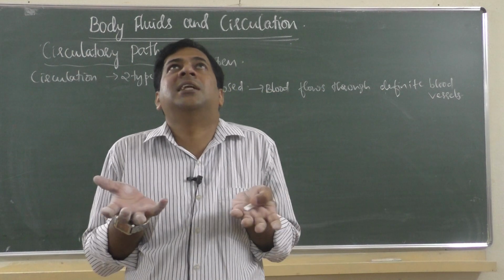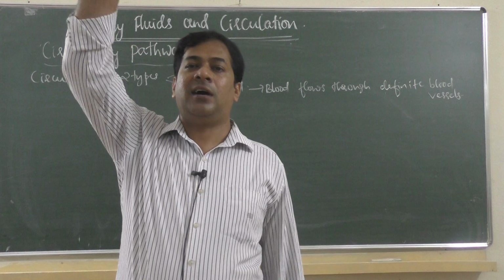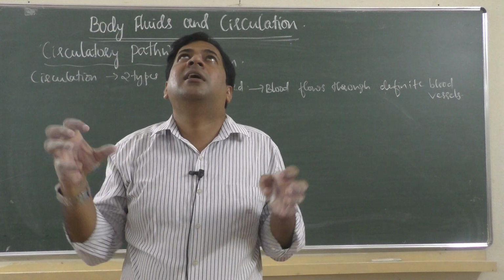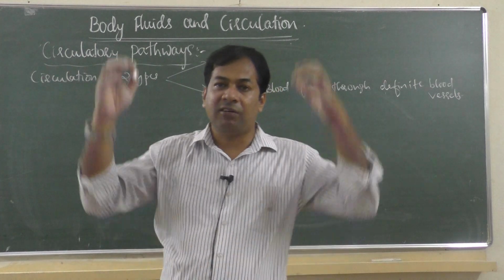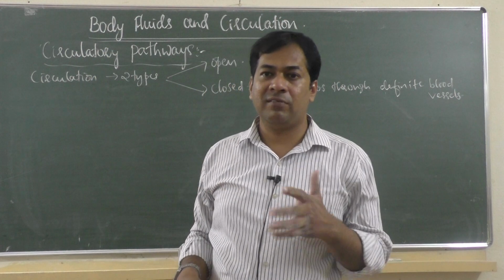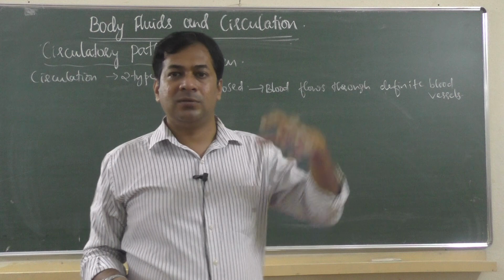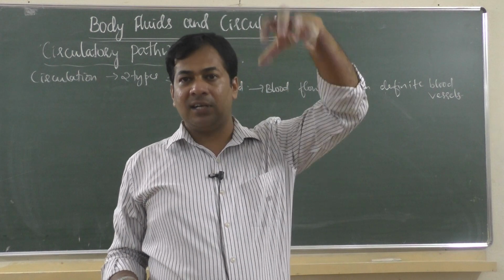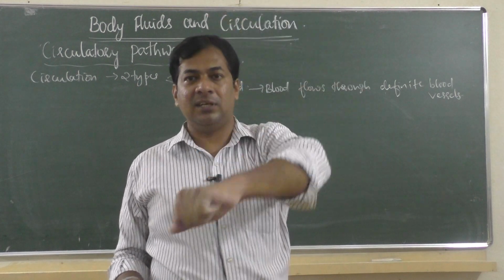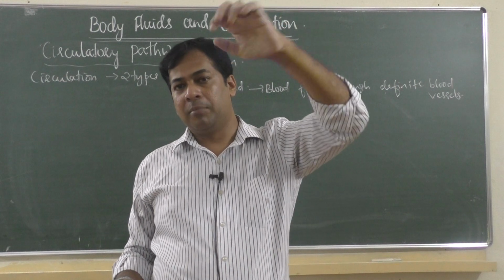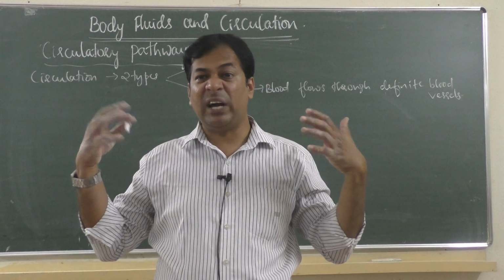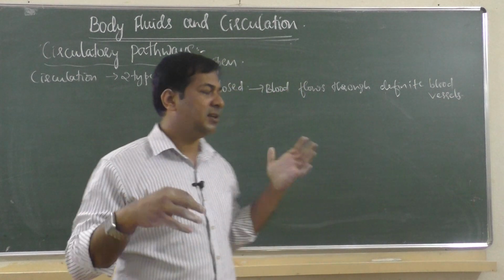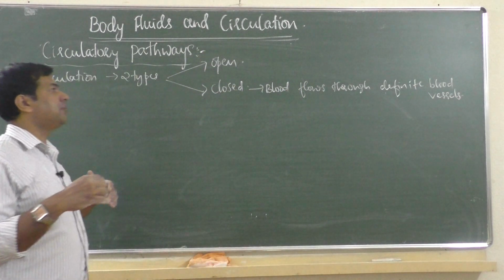Means all the cells will be waiting like this, and the heart will pump blood, sprinkling on the cells like a shower bath. No blood vessels. Just like a shower releases water, here the heart releases blood. All the cells will get wet, wetted by blood pumped by the heart.